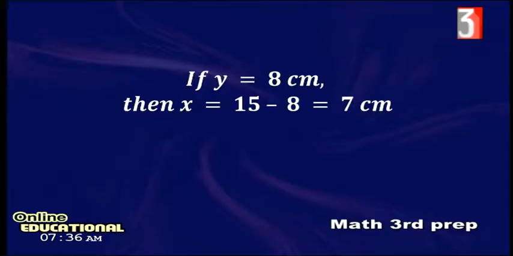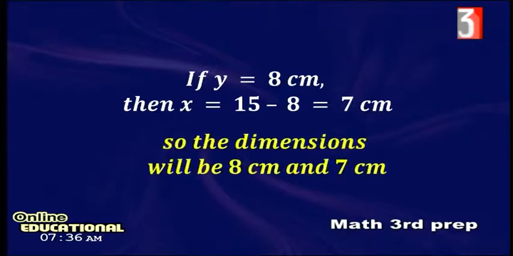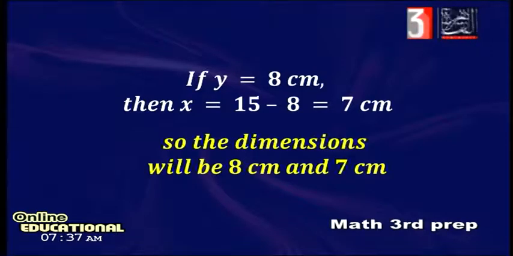And we can say that the dimensions will be 8 centimeters and 7 centimeters. How many possible values for x and the equivalent values of y can you obtain? Infinite number of solutions. So in this case, we can say that there are infinite number of solutions for the value of x and the value of y to obtain a perimeter of 30.